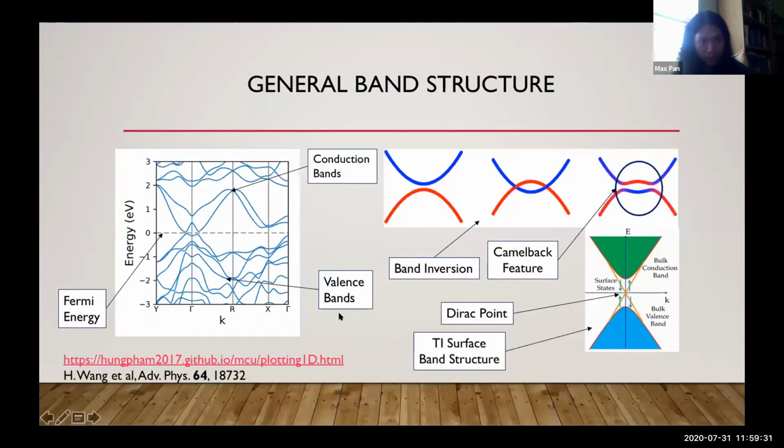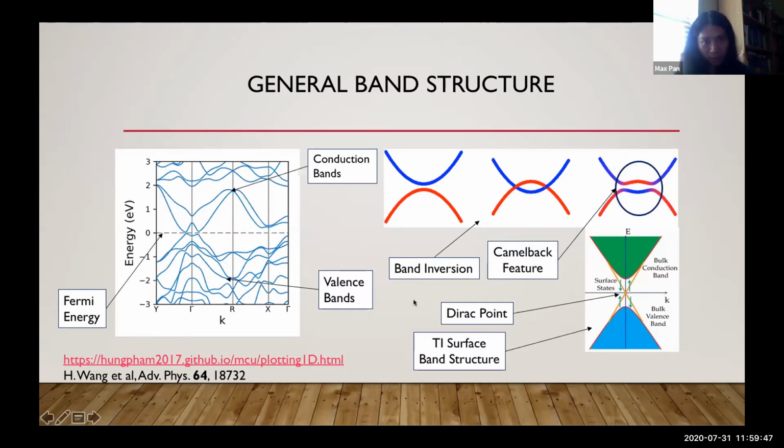So for the band structure, the valence bands are the bands that are completely filled, and the conduction bands are the bands that are empty. And the Fermi energy, which is usually set to 0 on the plot, is what separates these two bands.